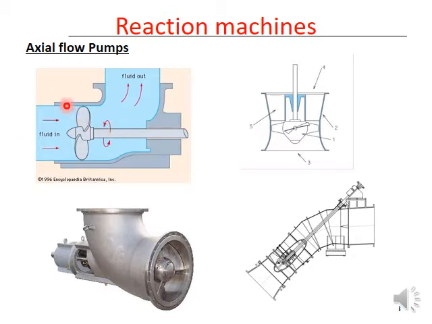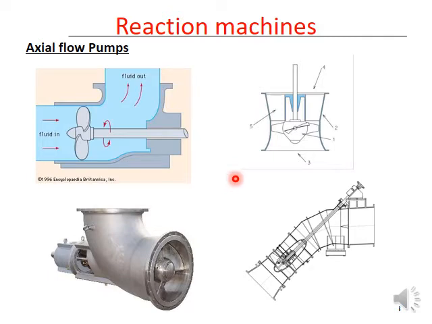Only thing is it has no cover like this. So this is driven by a shaft, and fluid enters here and leaves through this. This type of axial flow pump is very much used in water supply intakes.